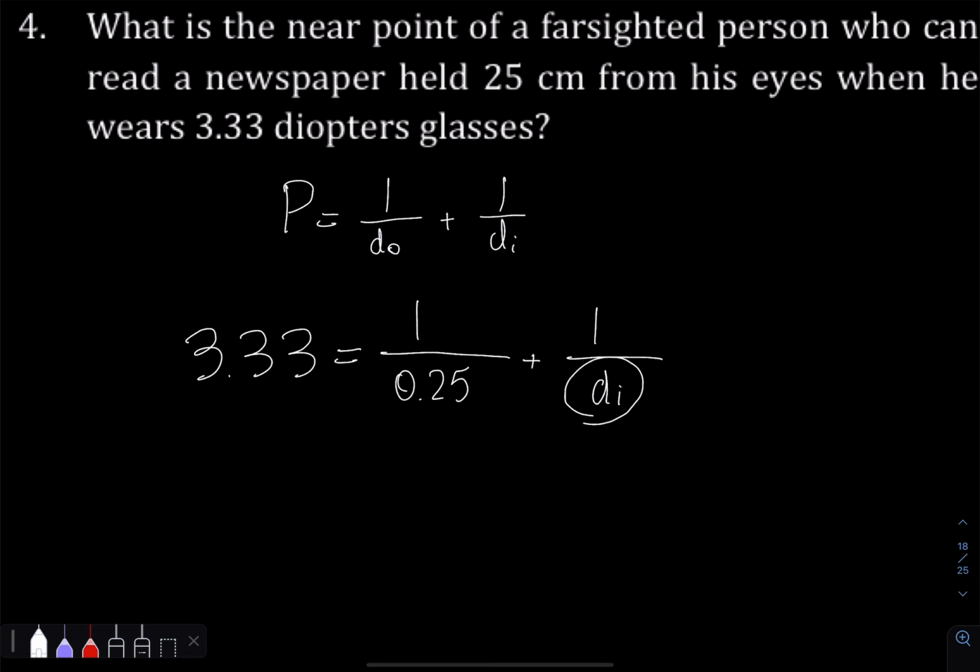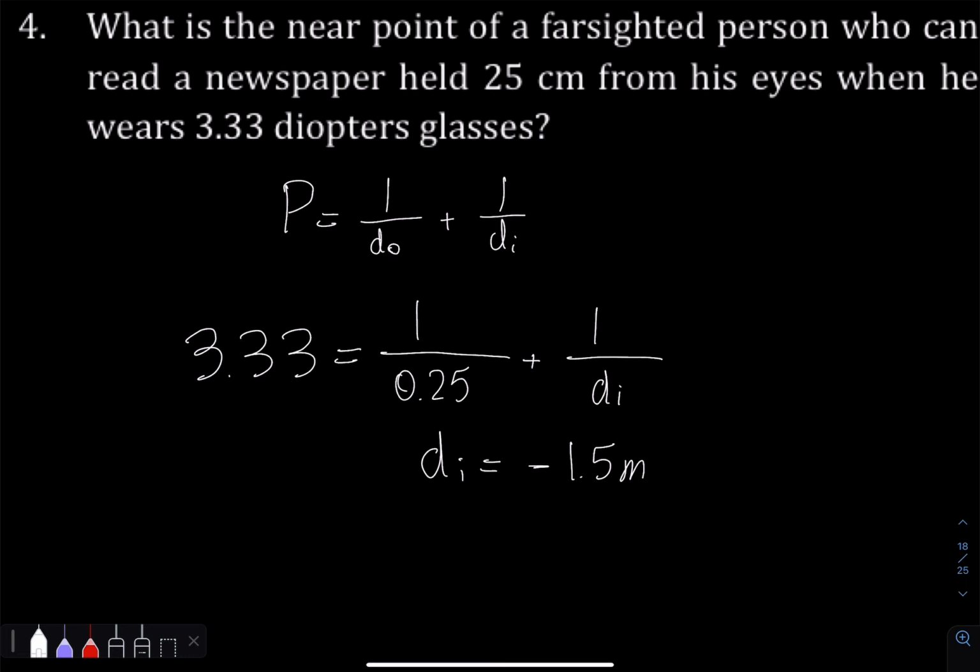So the di would be equal to their near point. So the di is something like negative 1.5 meters, which seems kind of a lot. I mean, that's a really high number, but that's the value we get.